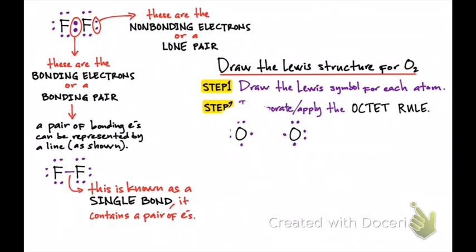And so what they can do here is share a total of 4 electrons, right? These 2 electrons right here will be shared with this oxygen. And in the same way, these 2 electrons from the second oxygen will be shared with the first oxygen.